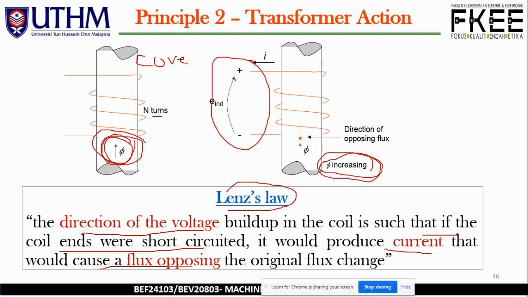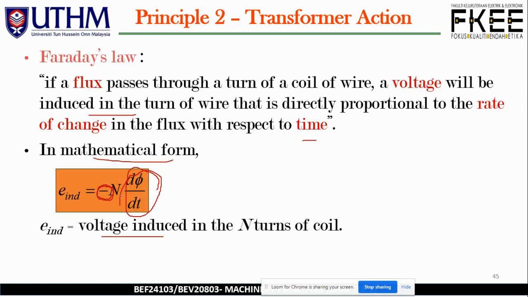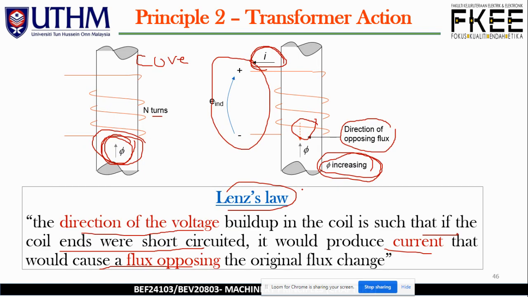If we connect both ends of the coil, we produce the opposite current direction, and thus induce an opposing flux. This is where the negative sign comes from.